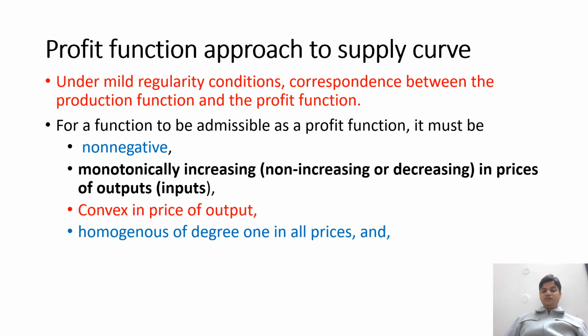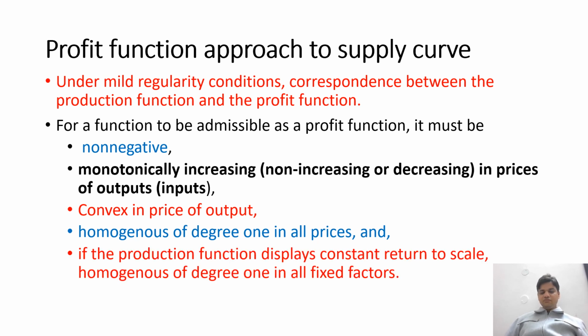Homogeneous of degree 1 in all prices. So if you multiply all prices by a factor lambda, and upon multiplication all the prices remain feasible, then the resultant profit will be lambda times, because we are assuming homogeneous of degree 1, so lambda's power will be 1.